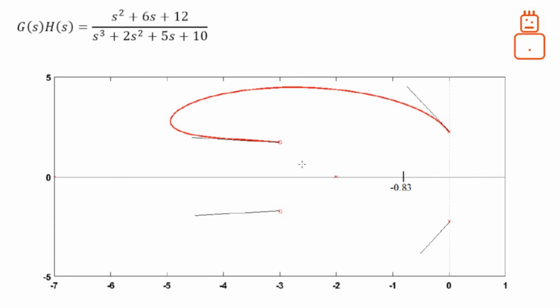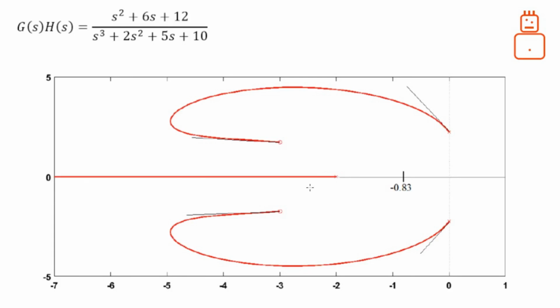Same on the other side of the real axis here, and we have another branch that comes out from this pole and goes to the zero at infinity. Okay, so the geek is now happy since we had all the information and we drew the root locus.